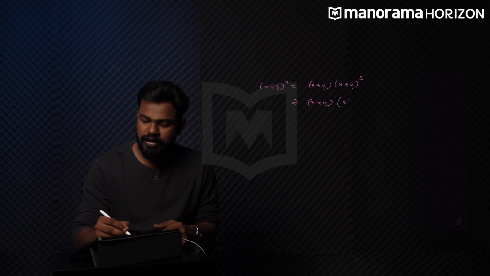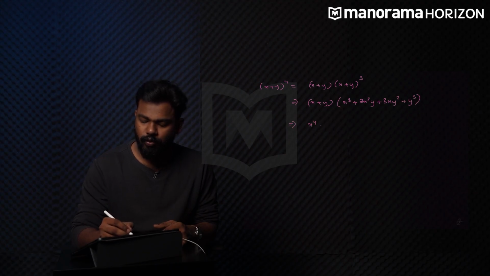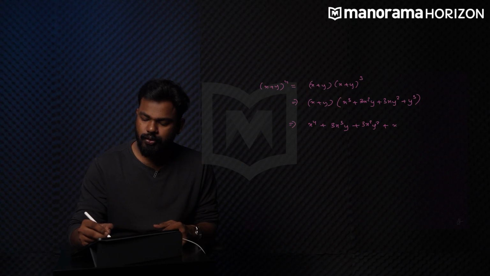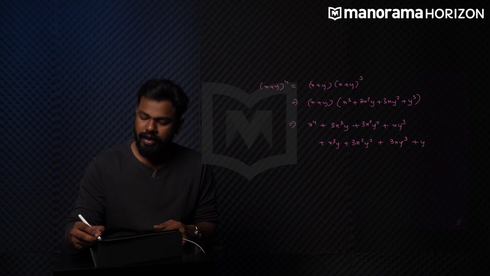x plus y the whole cube is x cube plus 3x square y plus 3xy square plus y cube. If you multiply that, you get x raised to 4 plus 3x cube y plus 3x square y square plus xy cube, then plus x cube y plus 3x square y square plus 3xy cube plus y raised to 4.